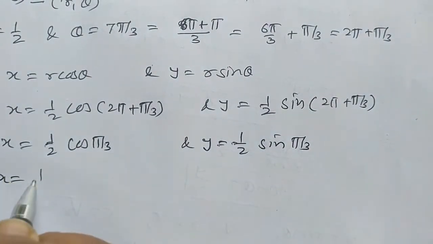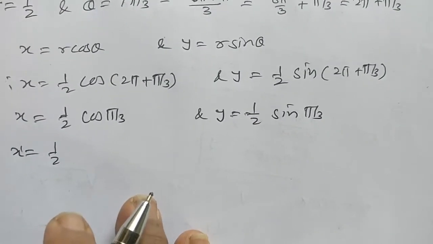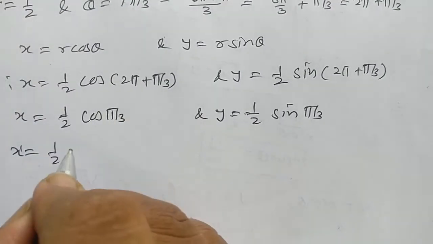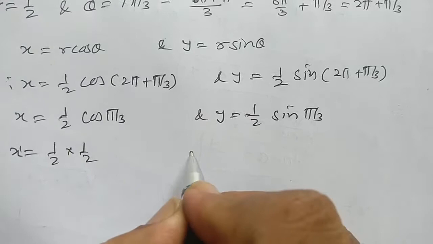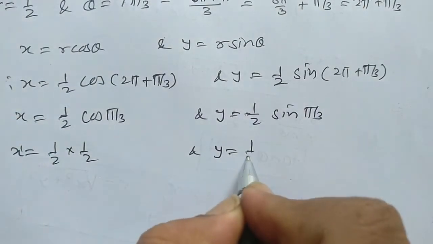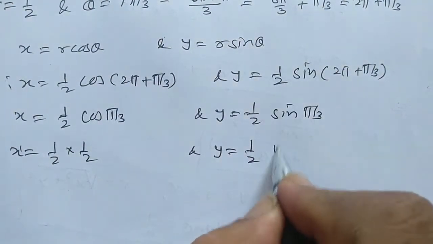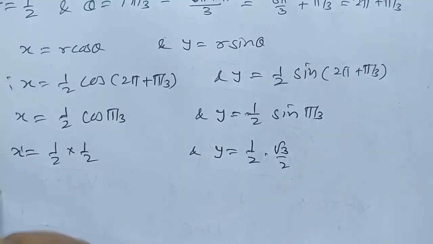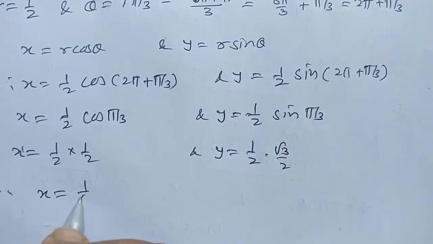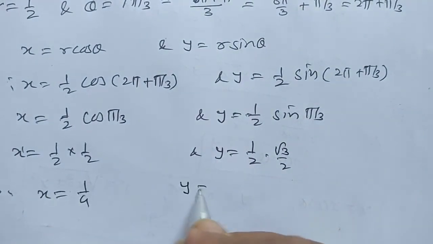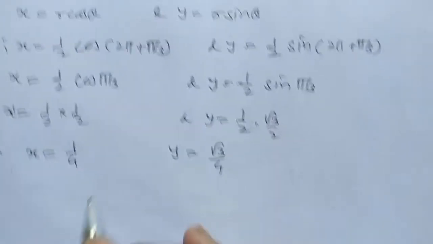So x is equal to 1 half cos of pi by 3, which is 1 half, and y is equal to 1 half into sin pi by 3, which is root 3 by 2. Therefore, x is equal to 1 upon 4 and y is equal to root 3 by 4.